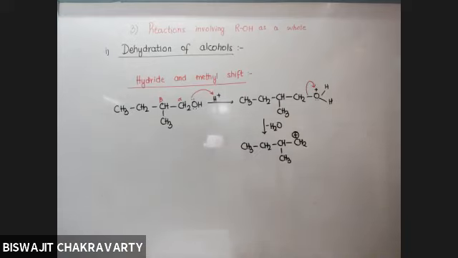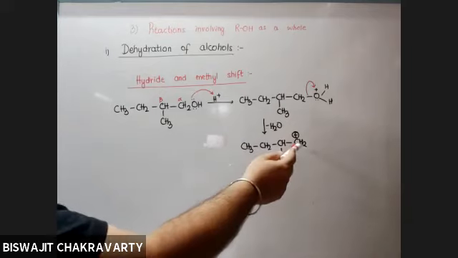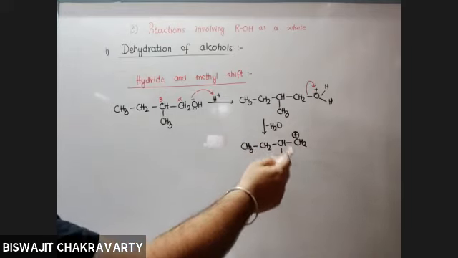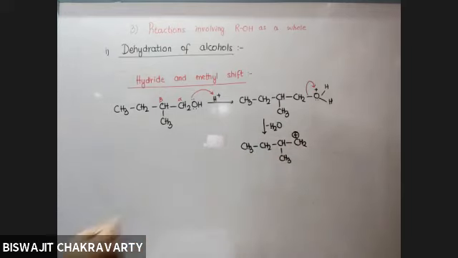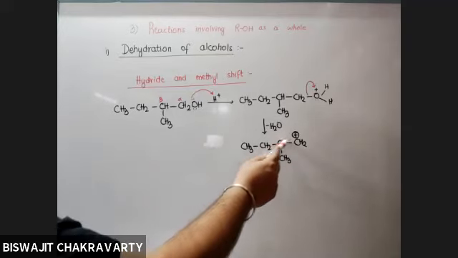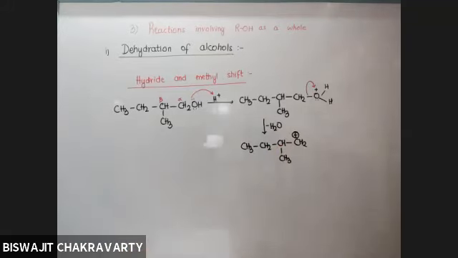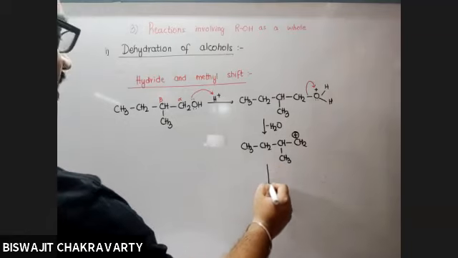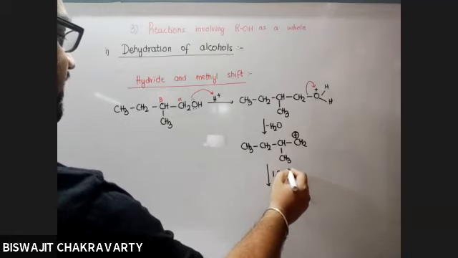But there is a possibility of conversion of this 1 degree carbocation to 3 degree if from the neighborhood carbon, from the beta carbon, one hydrogen jumps to this position. And this particular phenomenon is referred to as hydride shift. इसको क्या कहेंगे? इसको कहेंगे 1,2 hydride shift.